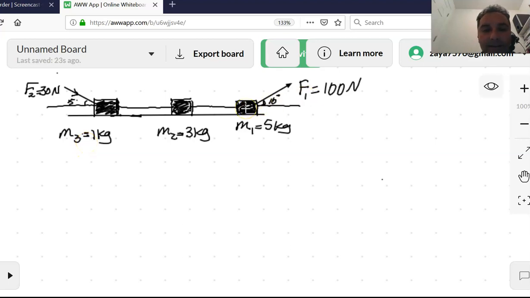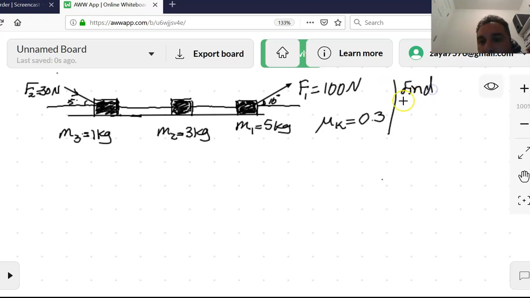We have 3 masses, connected by massless rods. And let's say mu k is 0.3. Let's go with 0.3.